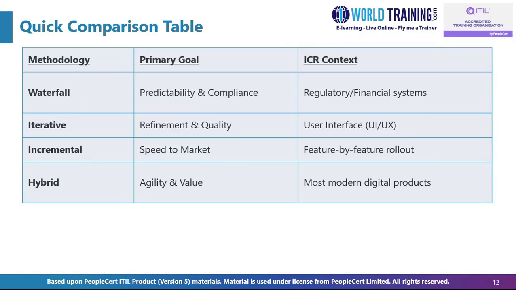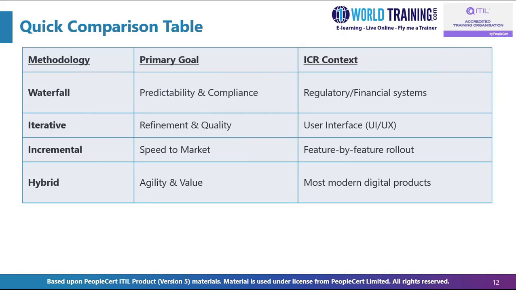Iterative, primary goal is refinement and quality, used for user interface and user experience development. Incremental, primary goal is speed to market, and it is used for feature by feature rollouts. Hybrid, primary goal is agility and value, used for modern digital products, including PetSafe.